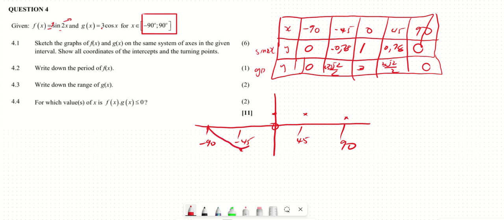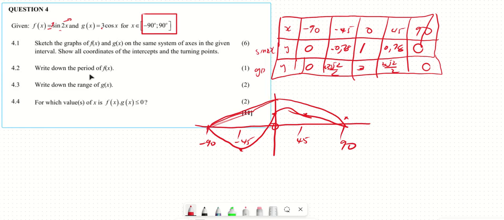So this can be my sort of graph. Then for this one, starting from 0 to a certain point, to 3, and it goes down just like that.